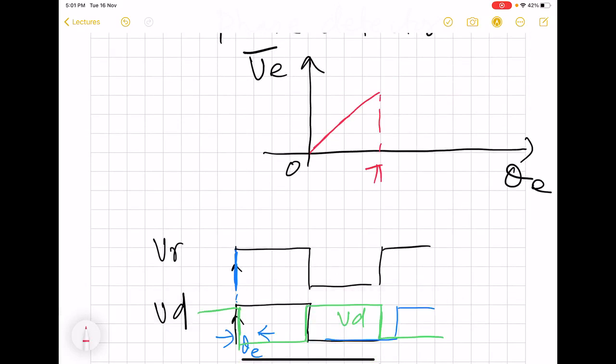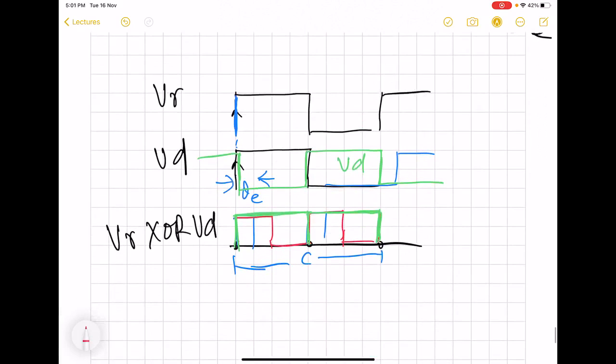Now what will happen if the gap between the two edges is more than pi? Then we will have this kind of waveform, this red color. Here you can see that we are going to get an output which is now narrower than the green case.